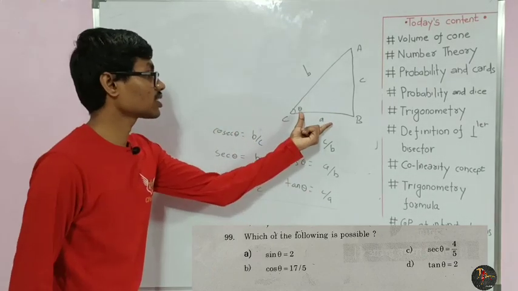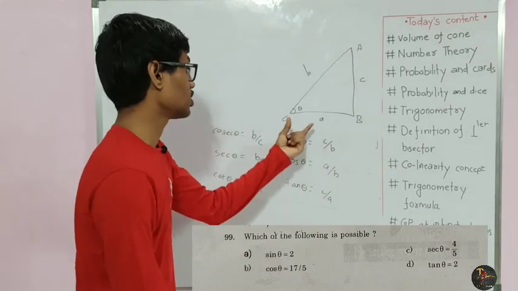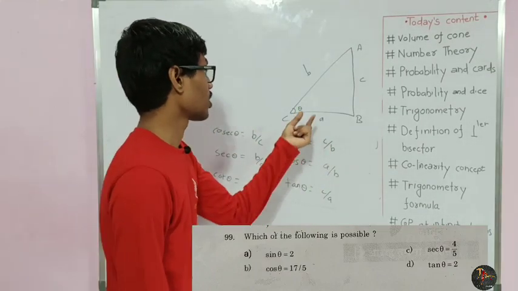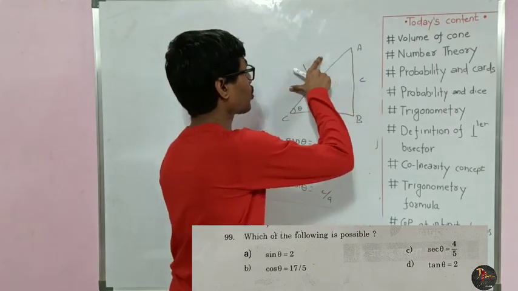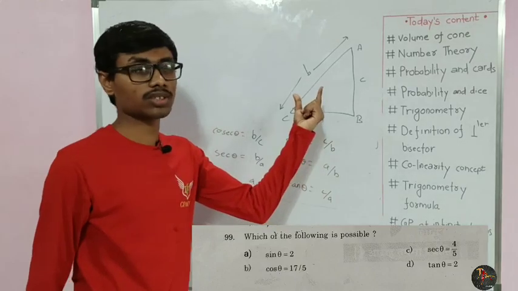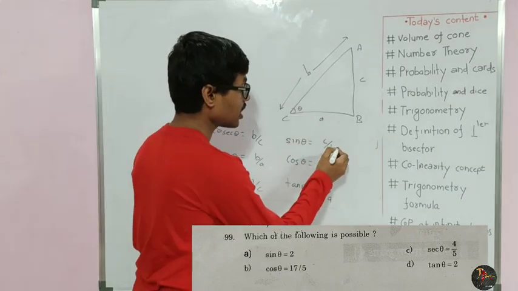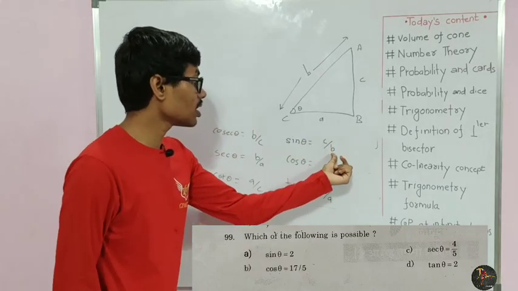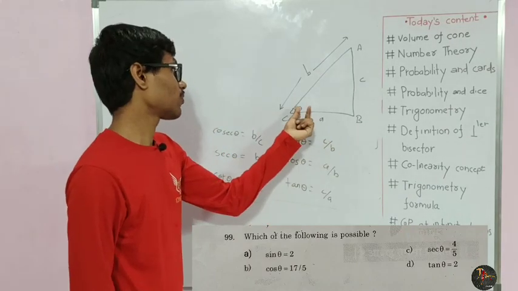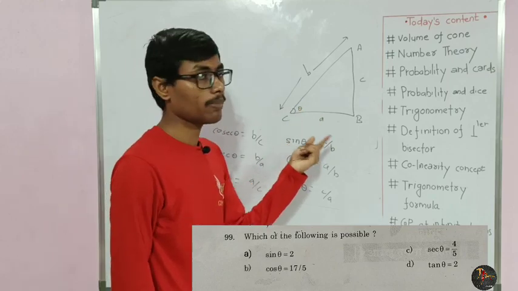Now, this is a triangle, so angle theta may vary from 0 to 90 degrees. Now, this is the hypotenuse, and the hypotenuse is the largest side. So in C divided by B, B is greater than or equal to C. If theta tends to 90, then sin 90 will be 1.